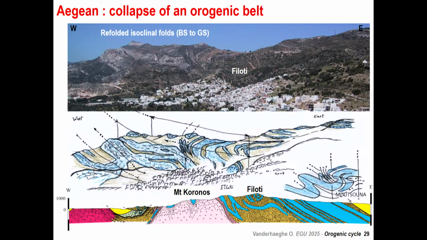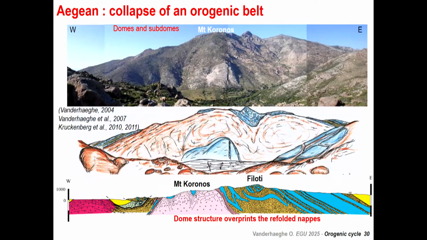So that's where it's difficult to set up the relative timing. And what was the surprise in these rocks is to identify what we call second-order domes or subdomes. Within the main dome, there are other domes, and they are delineated by marble layers that show second-order domes within the first-order dome.